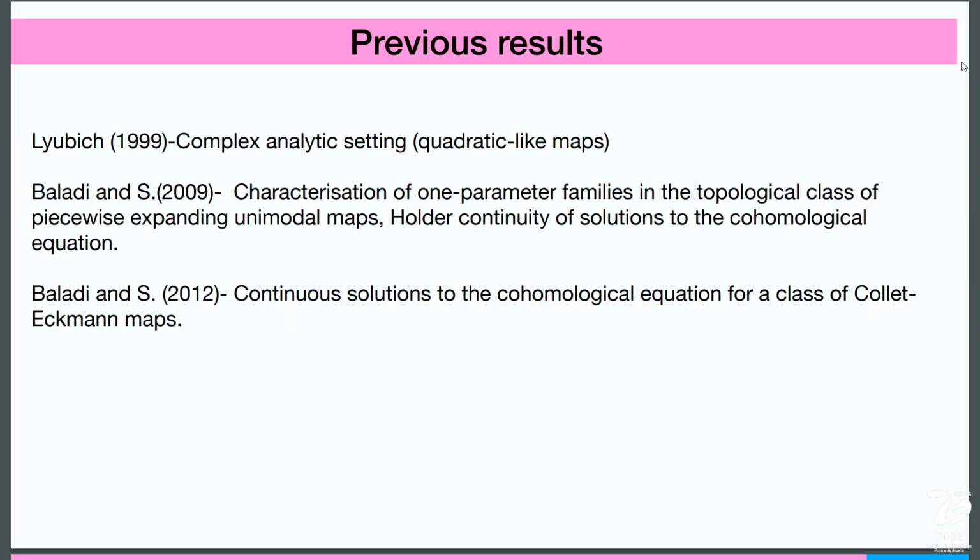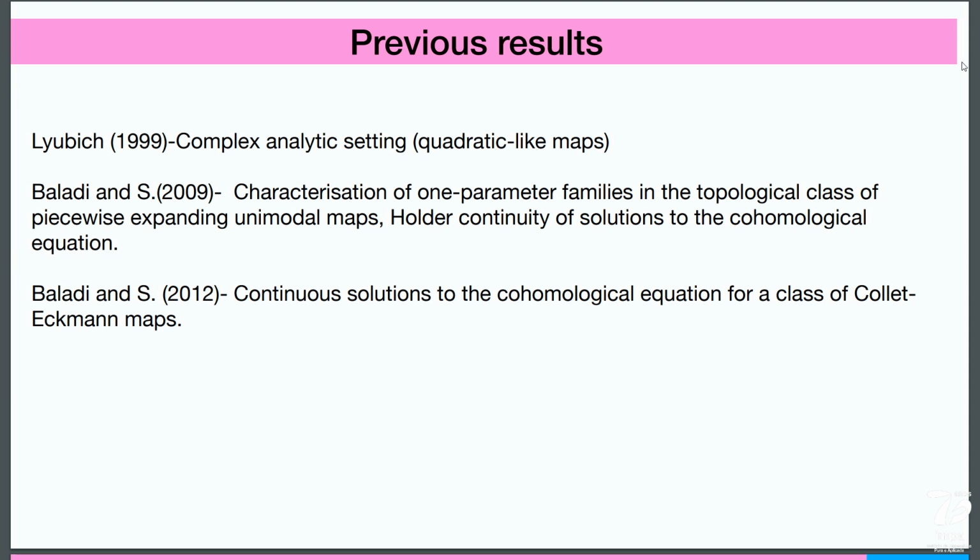So there are many previous results about this kind of regularity of alpha. As I said, the main influence is Sullivan's work in complex dynamics for quadratic-like maps. We wanted to understand the hybrid class of quadratic-like maps. But we also have some results with Viviane Baladi to understand families of topological classes of piecewise unimodal maps.